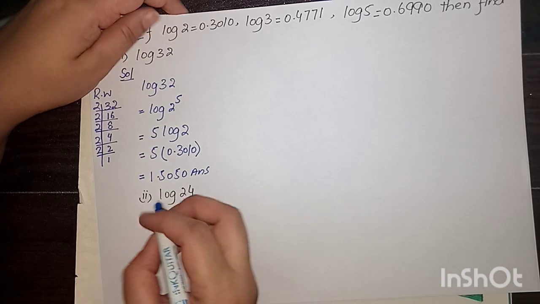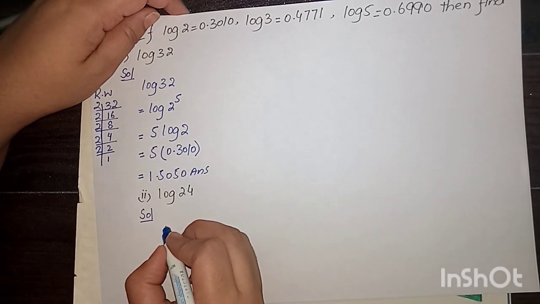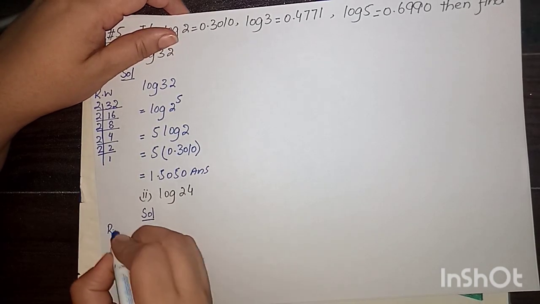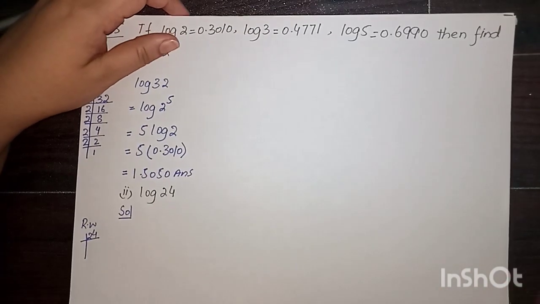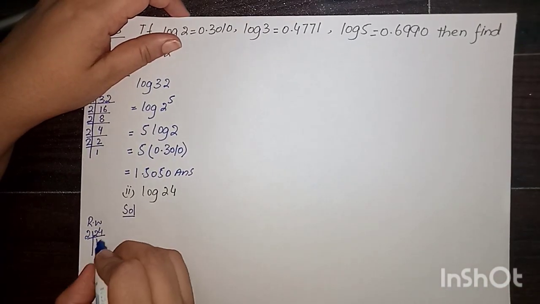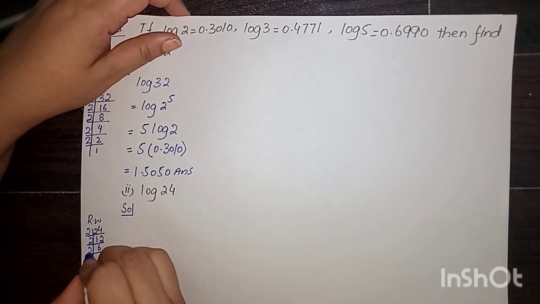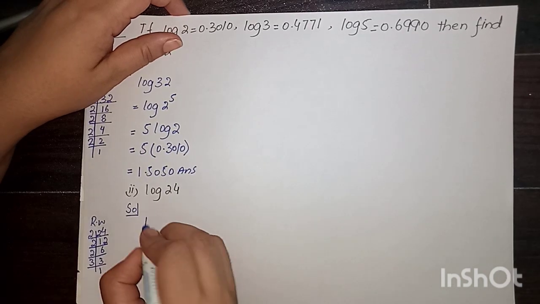My second part is log of 24. Solution: log of 24, first of all we will find the prime factorization. Rough work: 2 ones are 2, 2 twos are 4, 2 sixes are 12, 2 threes are 6, and 3 ones are 3.